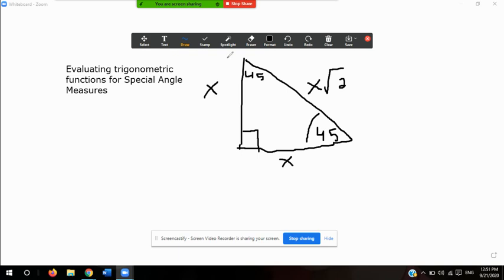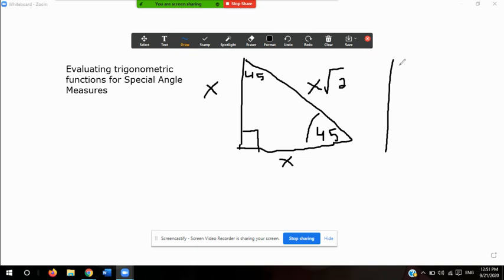The other triangle that we have is the 30-60-90. Let me graph that one here, and that way we'll go straight into the first example.